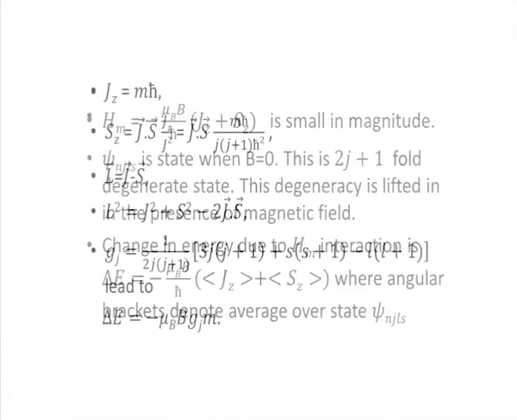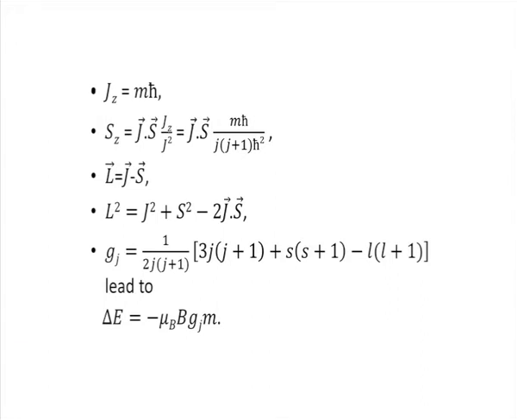Now, J_z is m h bar because it is quantized as we have already seen, and <S_z>, by some rules of quantum mechanics which I will not elaborate here, is (J dot S) J_z by J square. J_z is known again, and J dot S can be computed from L equal to J minus S, and the values of L square, J square, S square are known as L(L plus 1), J(J plus 1), S(S plus 1).